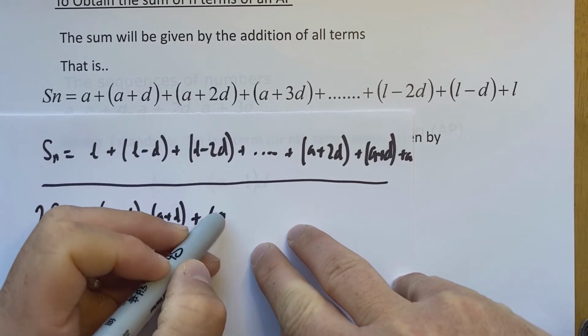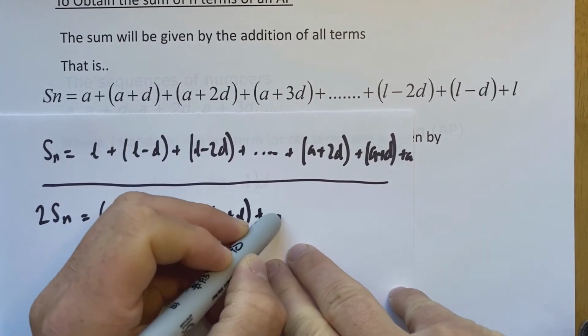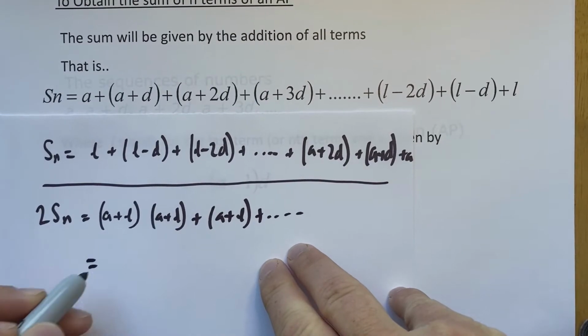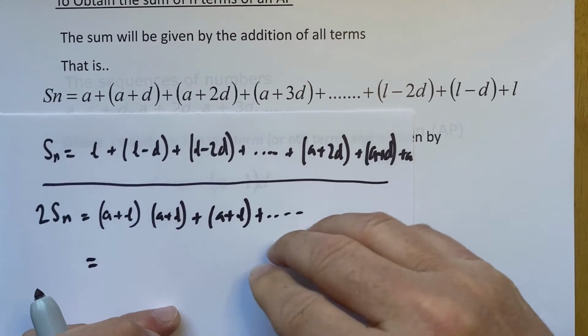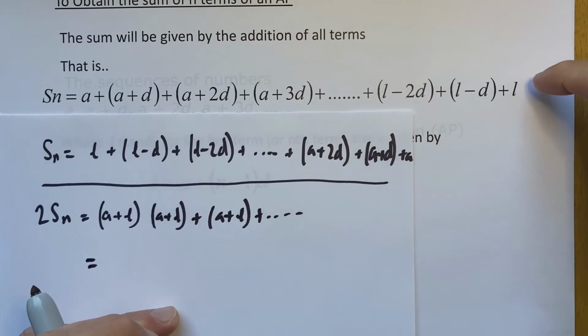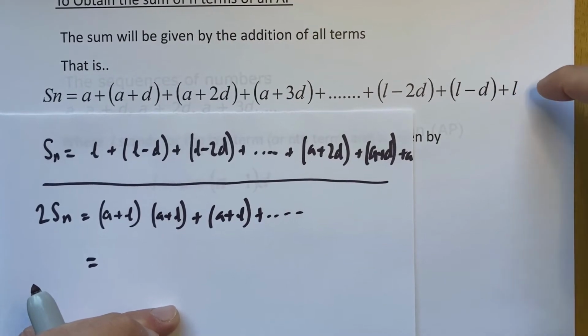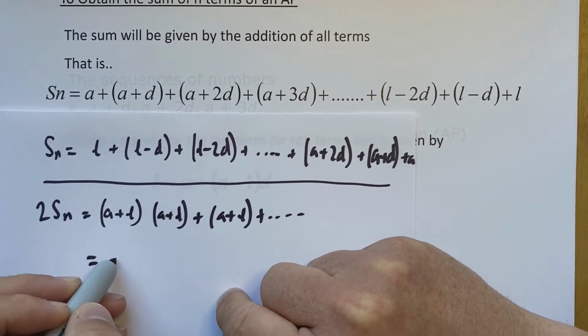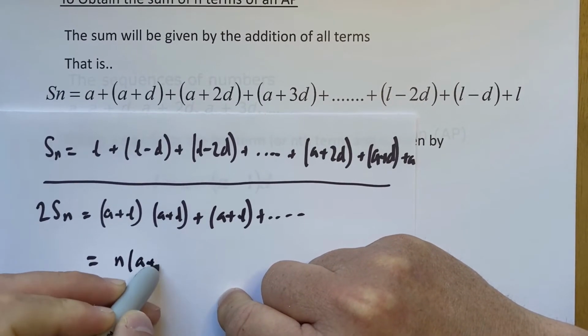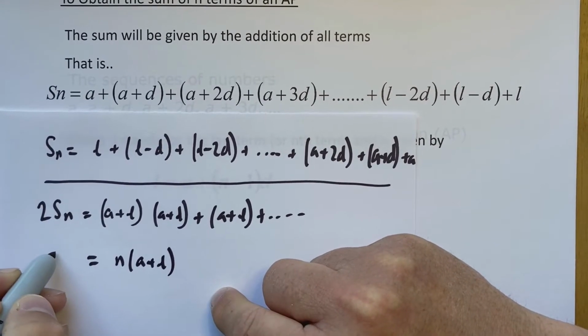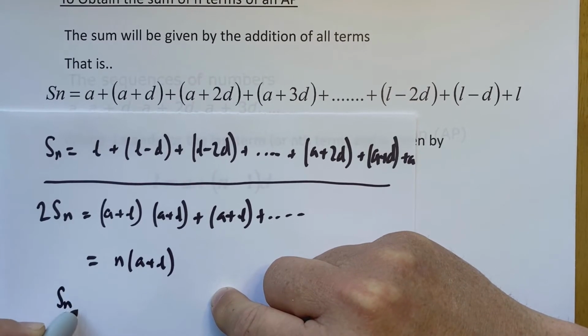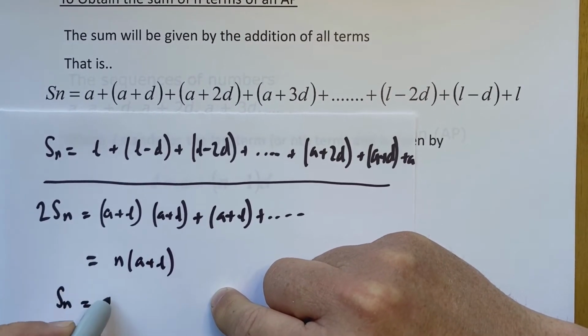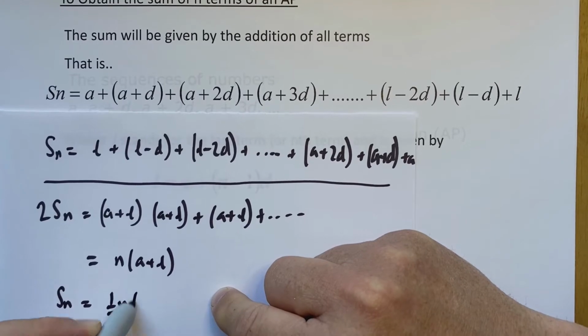I think it's becoming a bit obvious what's happening each term here, and it just carries on doing that. Basically there are n numbers there, so we've got n lots of A plus L. Therefore the sum of n terms, because that's twice the sum, is going to be half of that.